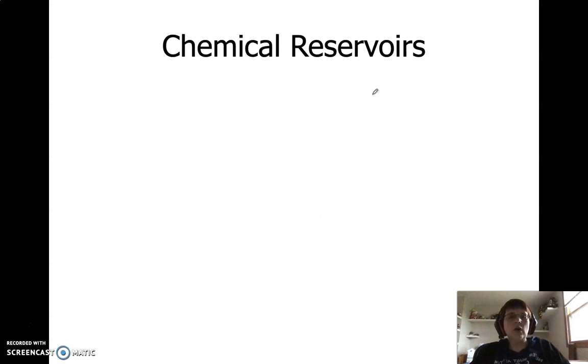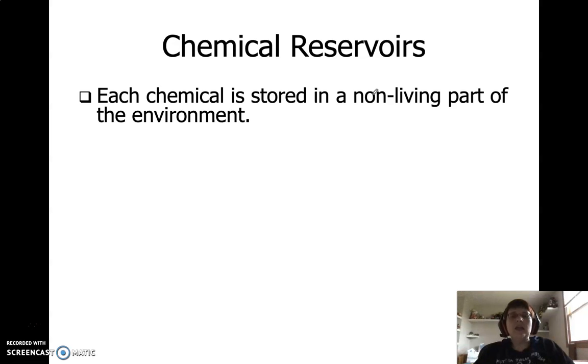Now, no matter what chemical we're looking at out of these 3, they do have things in common. So we're going to take a look at the common pattern first. So the first thing is a chemical reservoir. Each chemical has a chemical reservoir, meaning that they are stored in a non-living part of the environment. So they're stored in an abiotic part of the environment.